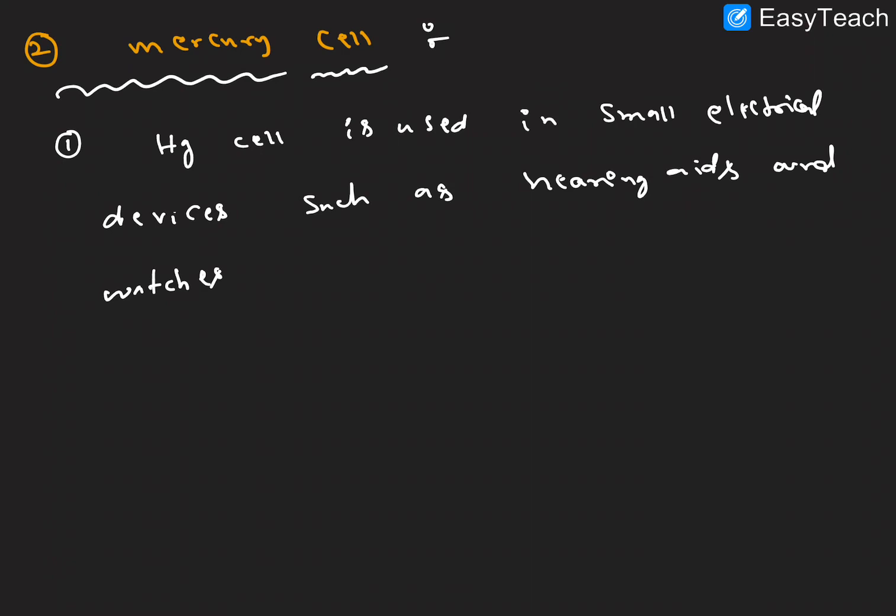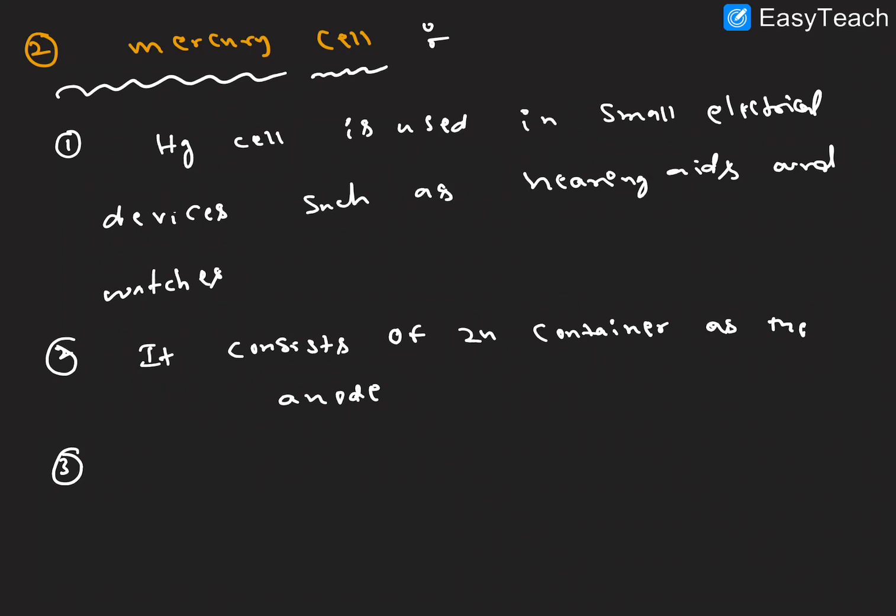Generally we are observing the watches' small cells, that is mercury cells, right. The point number 2 here: it consists of a zinc container as an anode.